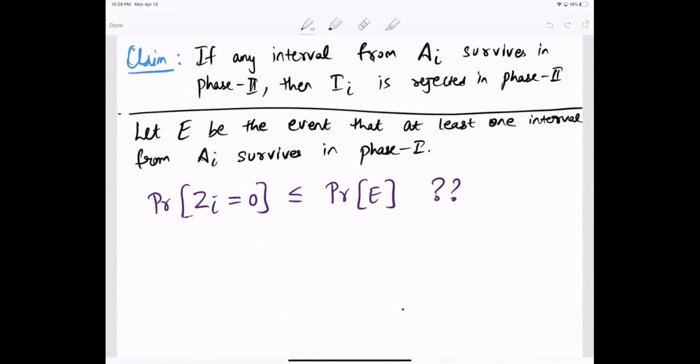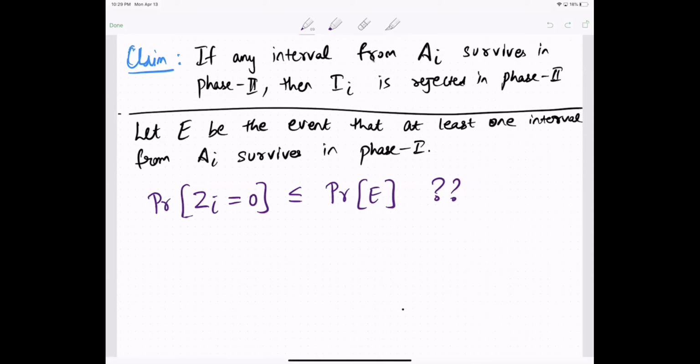Okay, so now this statement should be obvious, right? Because we are looking for an upper bound on the probability of Zi being 0, it's clearly upper bounded by this event E, right? Okay, good. I hope everyone can see that because it shouldn't be that difficult, right?